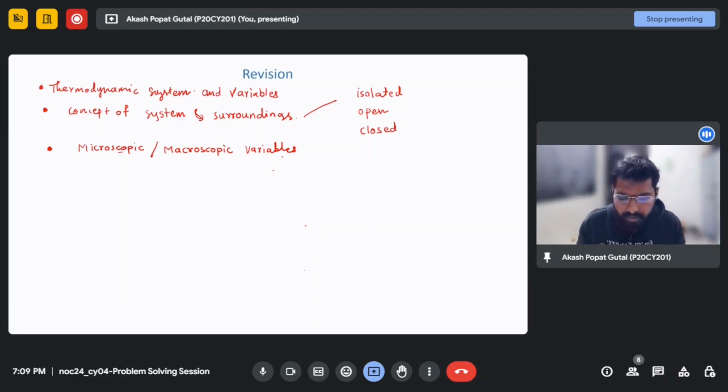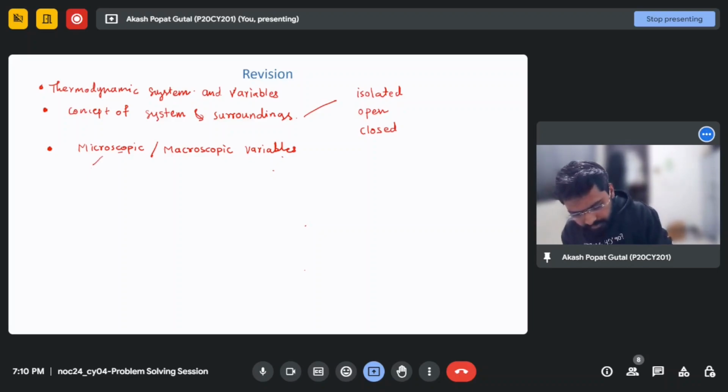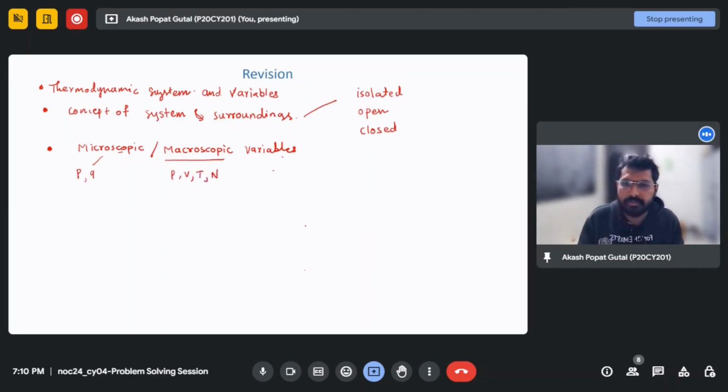Macroscopic variables comprise the more collective properties of the system. Microscopic includes the q's and p's, the momentum and the positions of the particles, and macroscopic includes the pressure, volume, temperature, and the number of atoms inside the system.